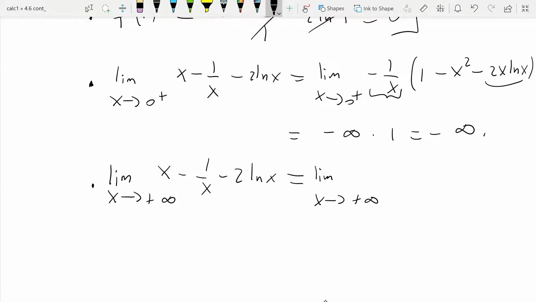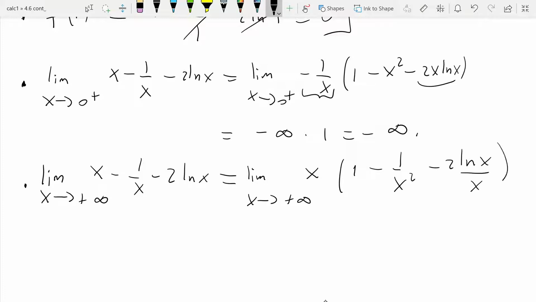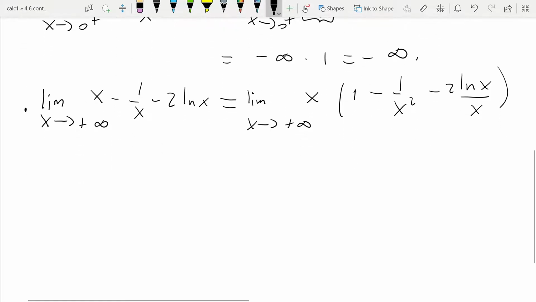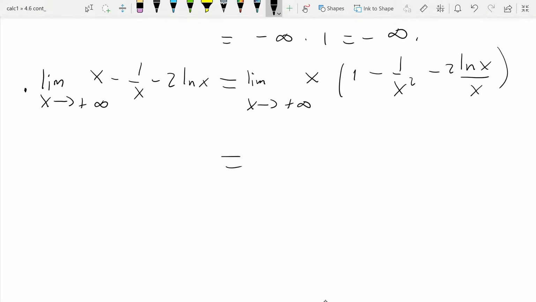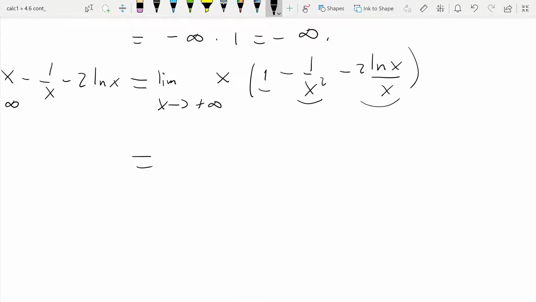As x goes to infinity, x times 1 minus 1 over x squared minus 2 times the natural log of x divided by x. Again, this is going to 1, this is going to 0, and this last term can also be shown to go to 0, thanks again to L'Hopital's rule.